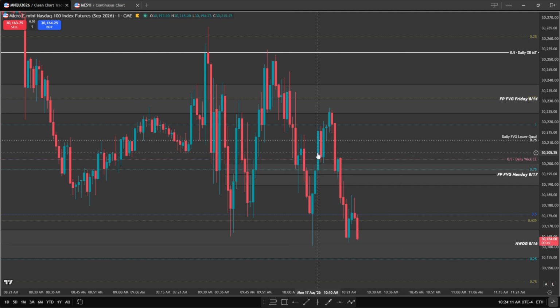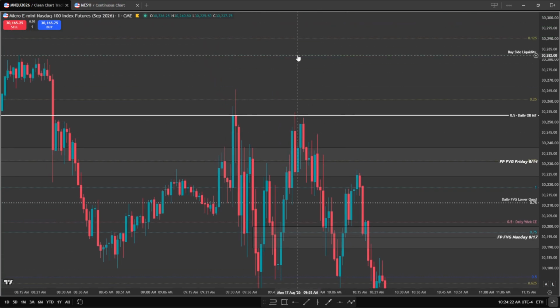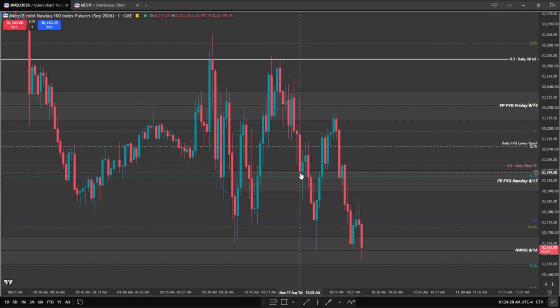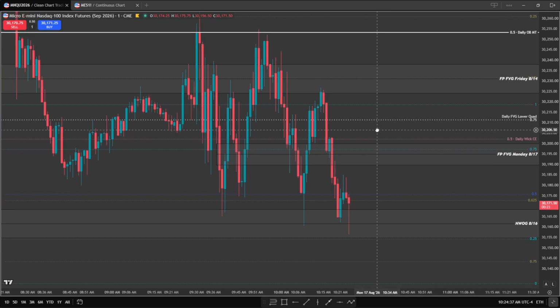But technically, it wouldn't have been stopped, and it would have had a decent move higher. But if I'm targeting this buy side, pretty good odds that I'd be stopped at break even anyway. It would have offered profit, it would have gone to break even, and later on it would have been the same exact outcome.